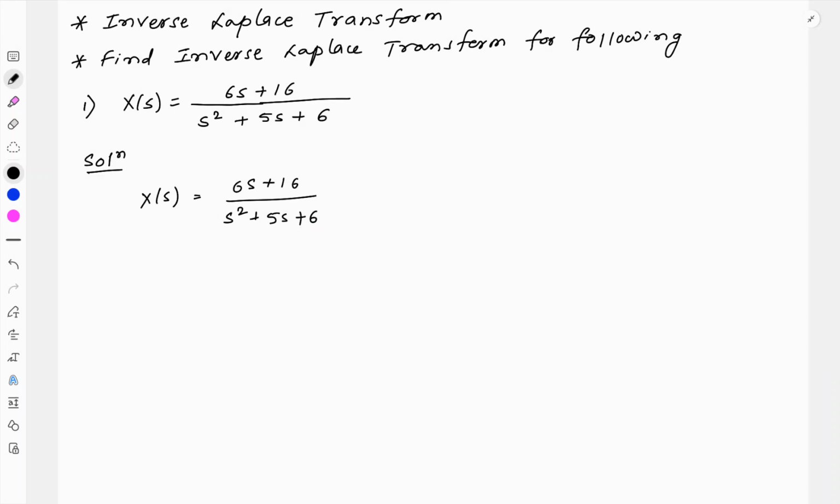So here we get the first case: if the degree of the polynomial in the numerator is less than the degree of the polynomial in the denominator, in that case go for partial fraction expansion.